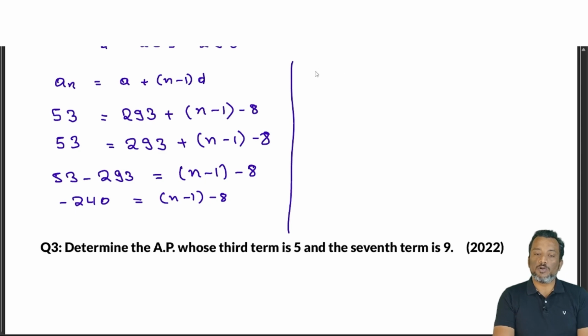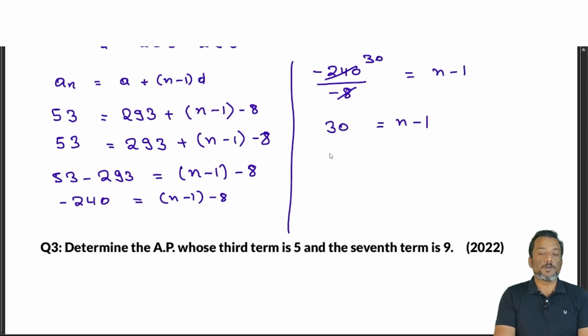Now minus 8 will come to this side, so divide minus 240 by minus 8. You will get N minus 1 equals 30. So 30 plus 1 is equal to N. So 31 is equal to N. Hope it's clear.